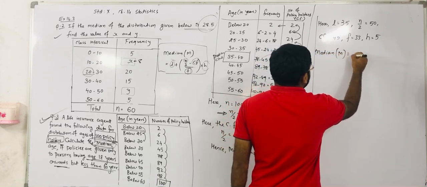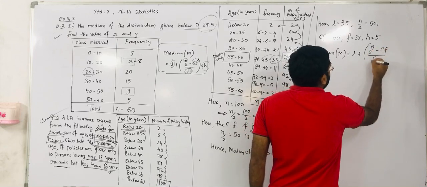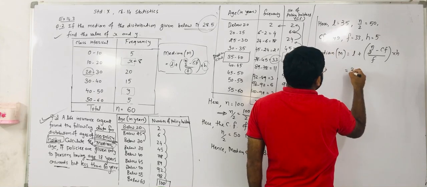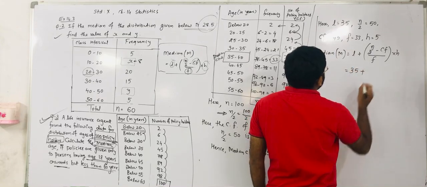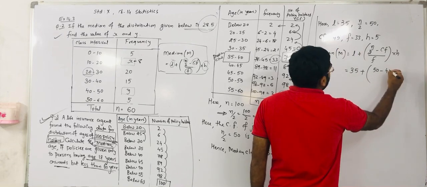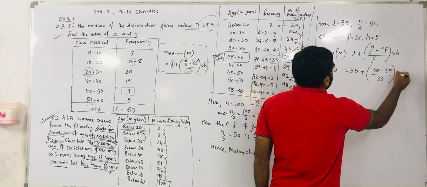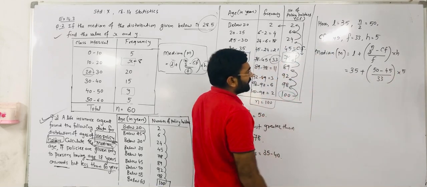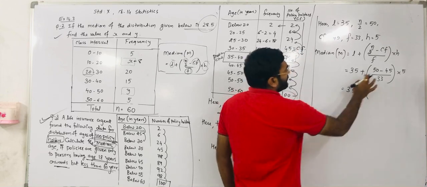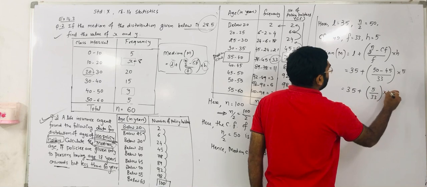Median is equal to L plus n by 2 minus CF upon F into H. So the lower limit of the median class is 35, n by 2 value is 50, minus CF value 45, divided by F value 33, into H value 5. Right? So we get 35 plus 50 minus 45, which is 5, divided by 33, into 5.